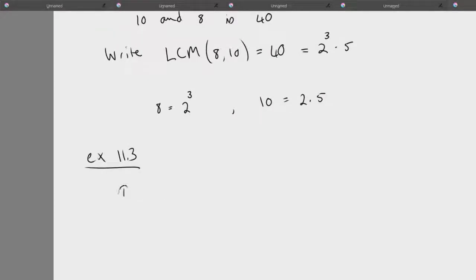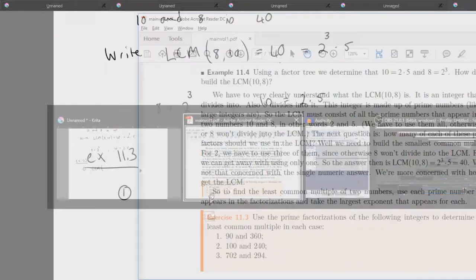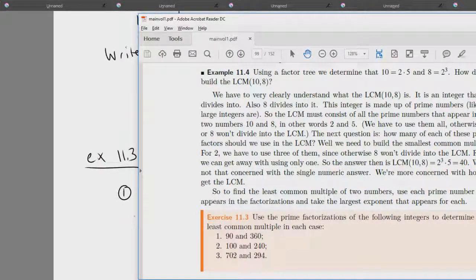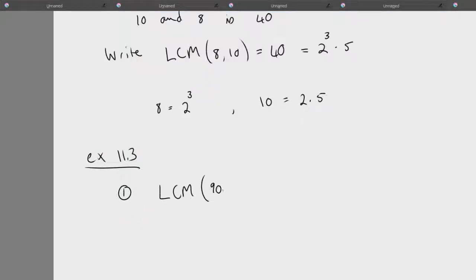We're looking in the first one for the LCM of 90 and 360.